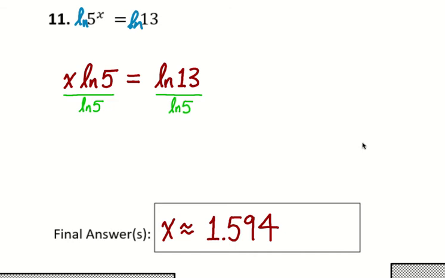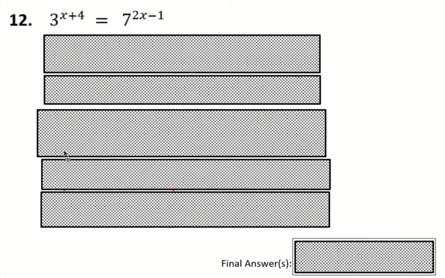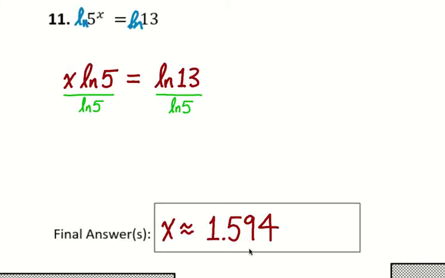Before I move on to number 12, actually, I'll move on and then say it. So, moving on to number 12, I just want to make sure you heard this right.